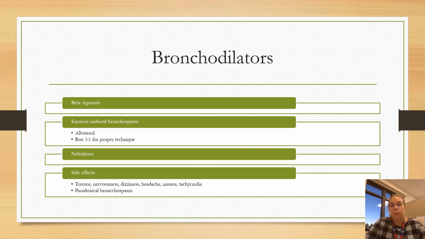Okay. Albuterol is the most common. There can be a lot of different options, but albuterol is the most common. It's the cheapest, so it's most available. Go through box 5-1 to go through like proper technique. You'd think that it's pretty straightforward, but I had a patient who just kept coming to me over and over again saying, my albuterol isn't working.